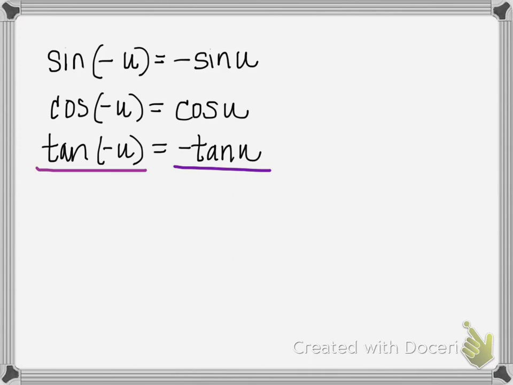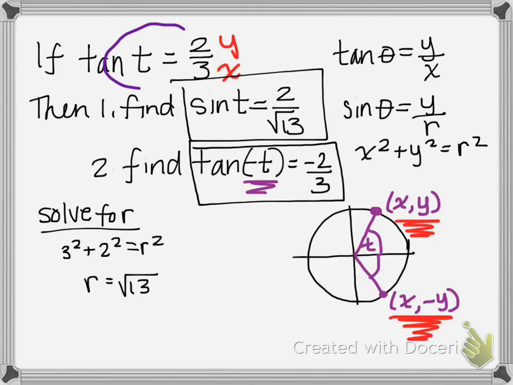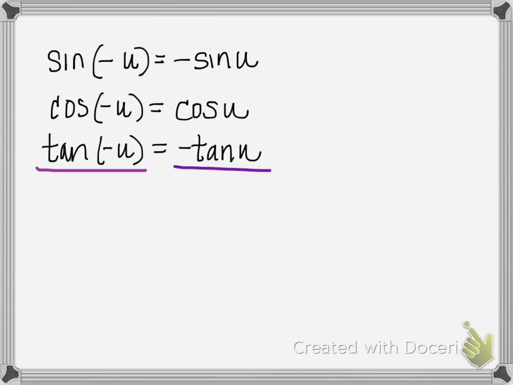So back here, I could have said, since tangent is 2/3, the tangent of negative t is equal to the opposite of that, which is negative 2/3. But I just went through some logic on a trig circle to determine what the value would be. Like I said, we do have these formulas, and you see that there are formulas for the cosine of the opposite of an angle, and the sine of the opposite of an angle.